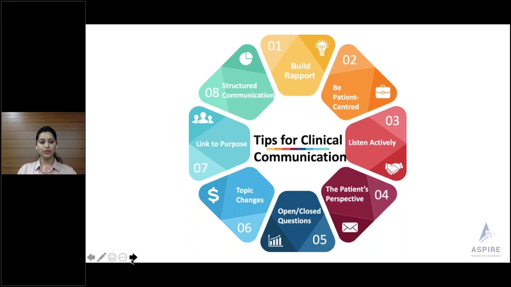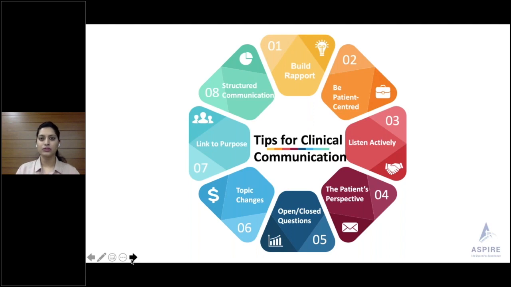You should always make sure that the patient thinks that you're equally interested in what they are telling you. A very simple way to do this is, when they give you a piece of information, you can always repeat it back to them. That shows that you've been listening and following the patient's perspective.